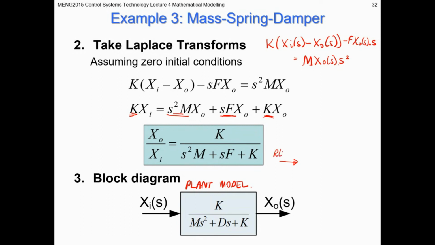So we could say R is our input into this, and we're going to have a negative feedback system here. We're going to have a controller, let's call that GC, and then we're going to have our plant model, which we've just derived as this. Of course I've run out of space. So this is our output x out.